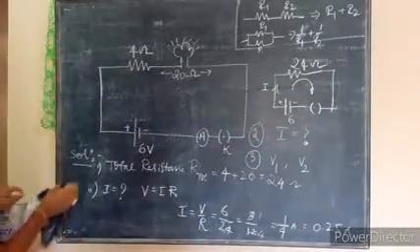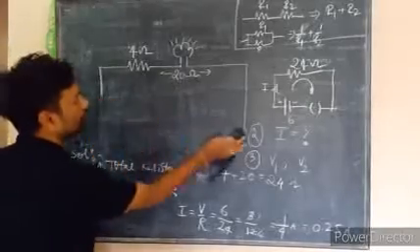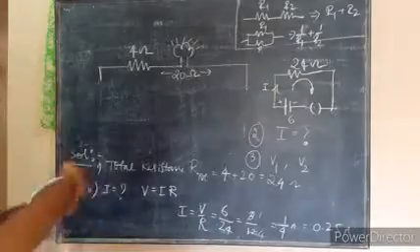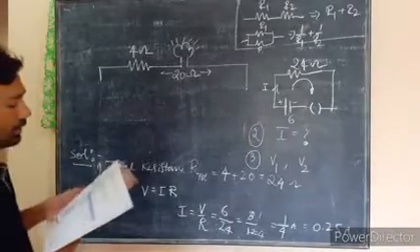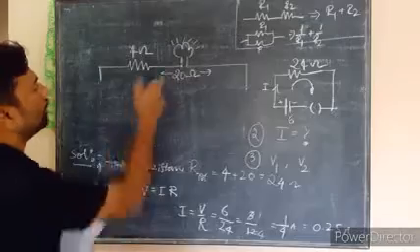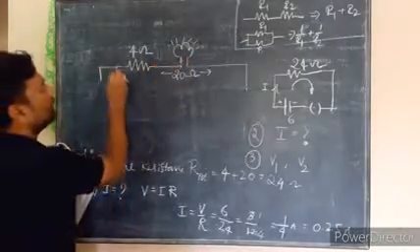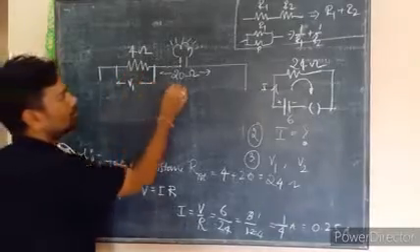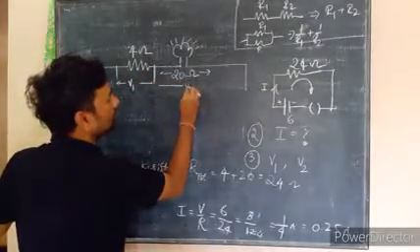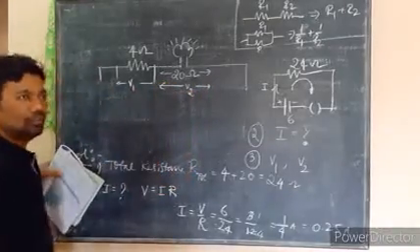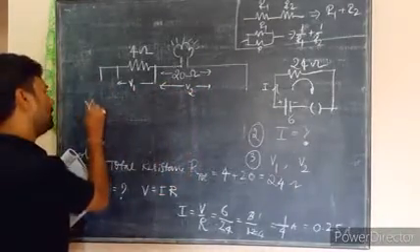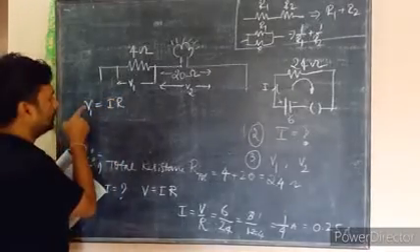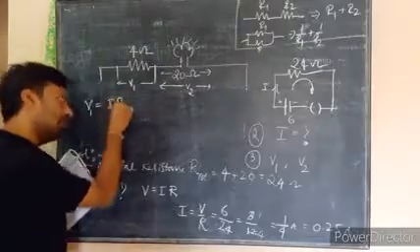In the third part, we need to find the potential difference across the conductor and across the lamp. Here V1 is the potential difference across the 4 ohm resistance, and V2 is the potential difference across the lamp. We know Ohm's law, V is equal to I R. So V1 is equal to I into R1.